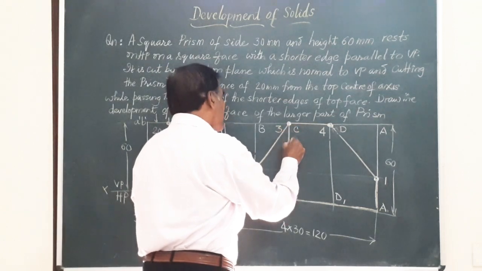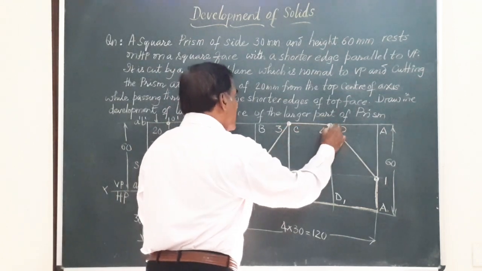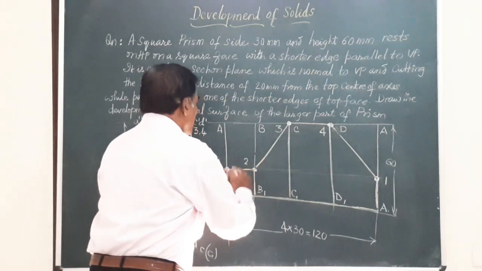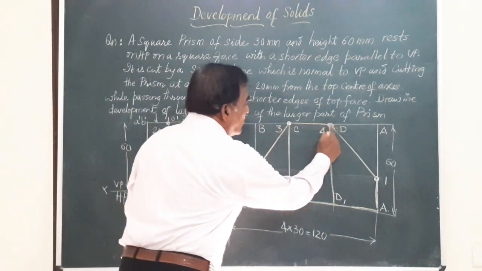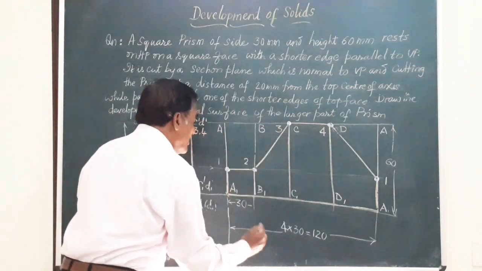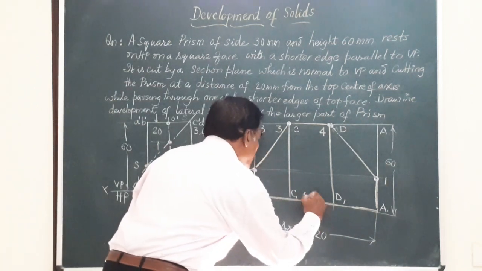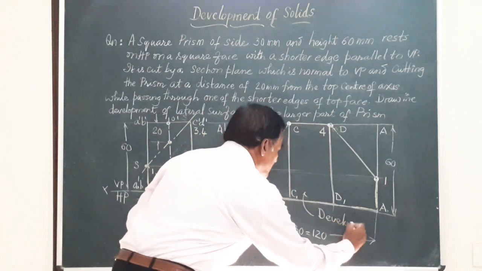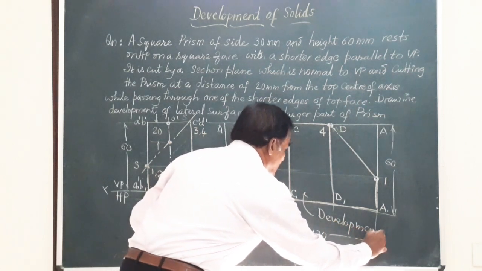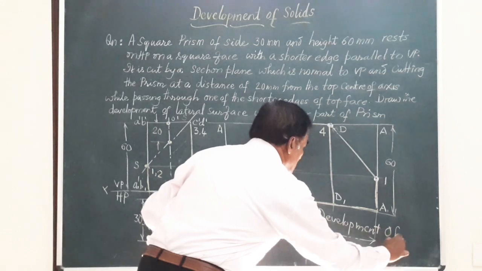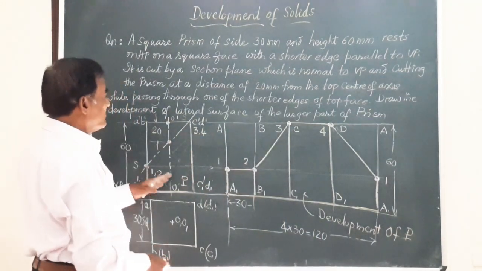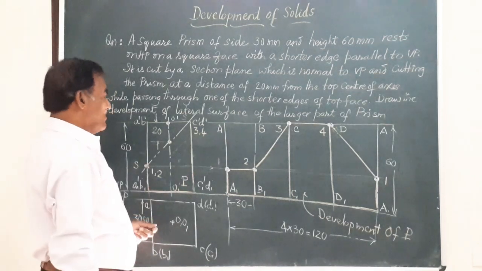Hence, I have to show this by a full line and this by a full line, and this figure 1, 2, 3, 4, 1, A1 and A1 will give you the development of P. We should write below it development of P, the lateral surface of the larger part that is remaining.